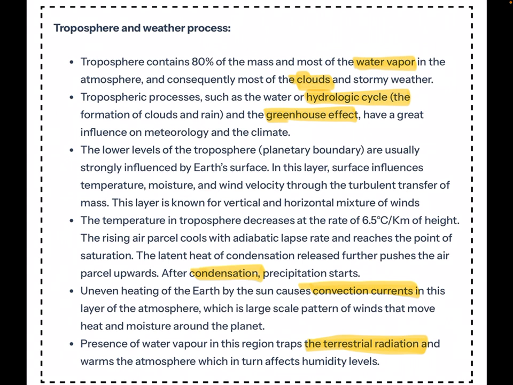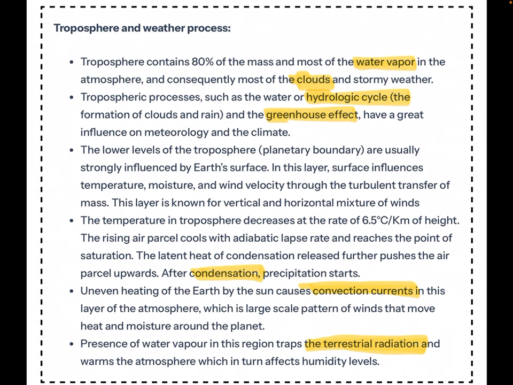So that's why the troposphere is significant for weather processes. First is water vapor, then the cloud. Clouds are present at the tropospheric level because of evaporation of water. There is a formation of cloud at the tropospheric layer, and these clouds are responsible for raining and the hydrological cycle.